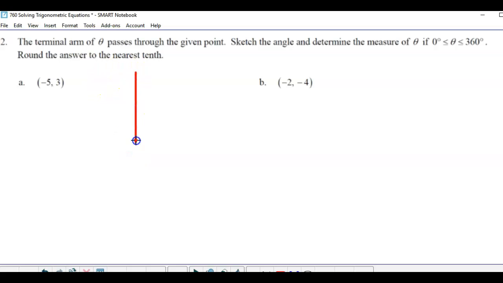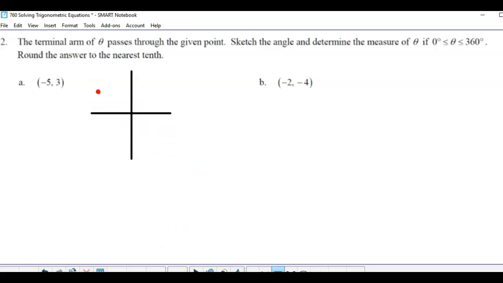So, okay, didn't want that, sorry. Okay, so want just a coordinate grid. Then our point -5, 3 is, sorry, -5, 3 is there.